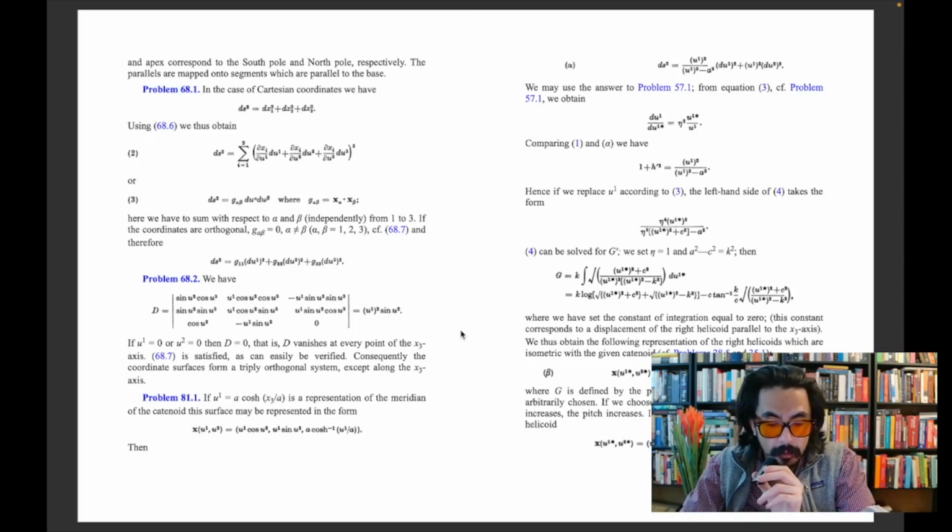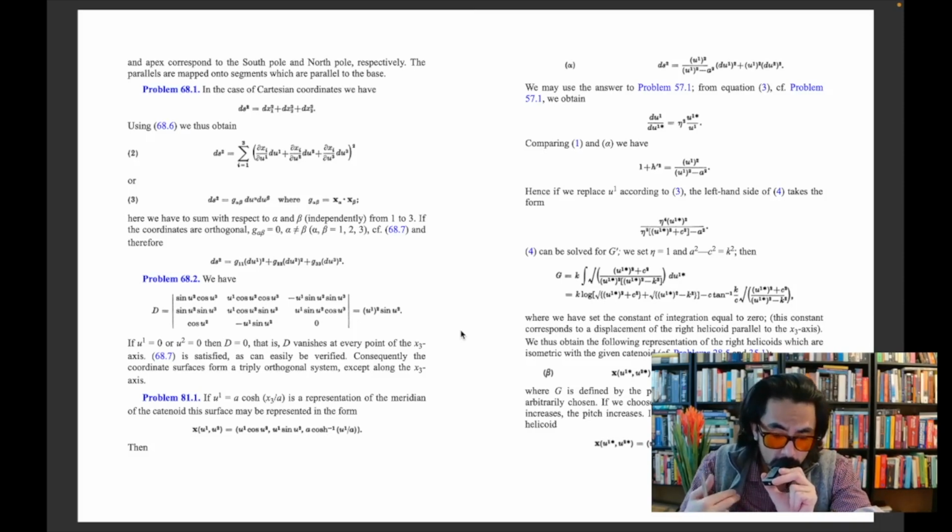Then we now have that capital G is equal to lowercase k times the integral of the square root of a fraction with the numerator u1 star squared plus c squared all over a denominator of u1 star squared, then times the quantity u1 star squared minus k squared, and that closes the square root, and the integral then is du1 star.